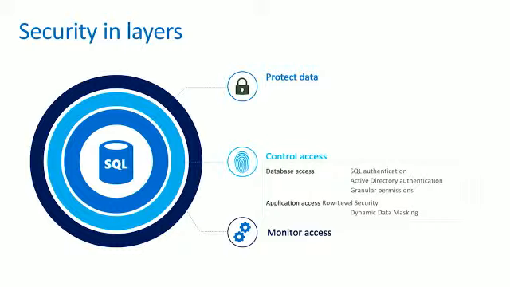Back to our diagram, we just talked about encryption. The next layer of security is about controlling access, authentication, and authorization. SQL Server has two types of control features: database access, which controls access by users who connect directly to the database, and application access, which controls access by end users who connect through an application to the database.